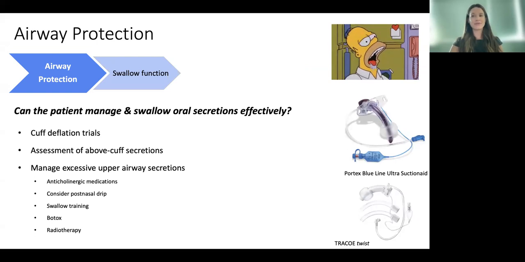And this highlights the benefits of early identification of cuff down trials. There are a number of factors which can affect upper airway secretions, such as postnasal drip or tracheostomy-related hypersecretion. And a multidisciplinary approach to the management of these secretions can reduce aspiration risk and time to decannulation.